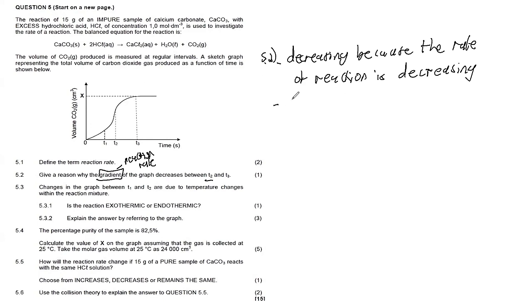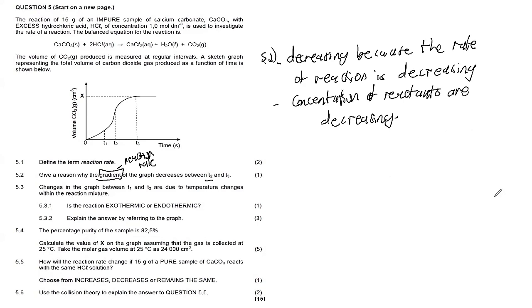So the concentration of the reactants is decreasing, right? So because the reactants there are being used up, hence we see that our reaction rate is decreasing, right? Then let's move.